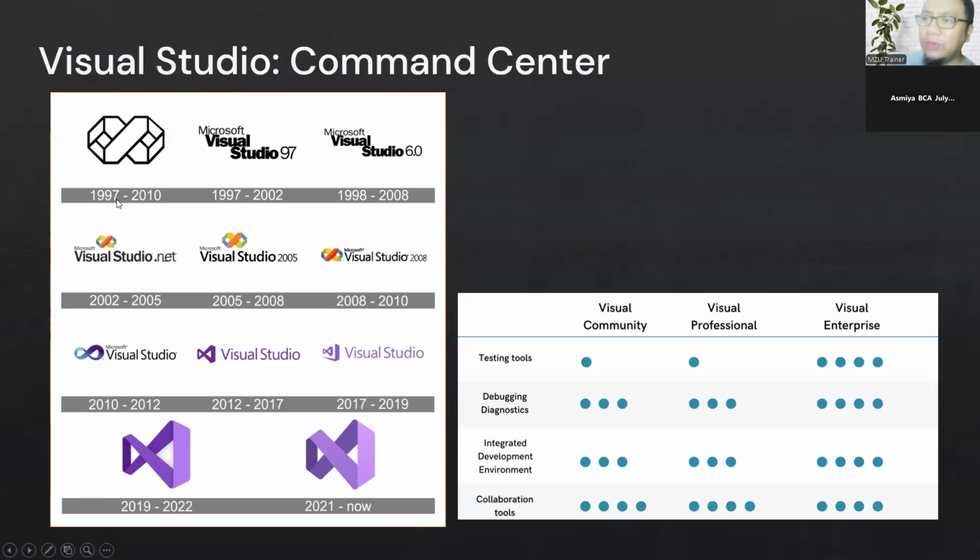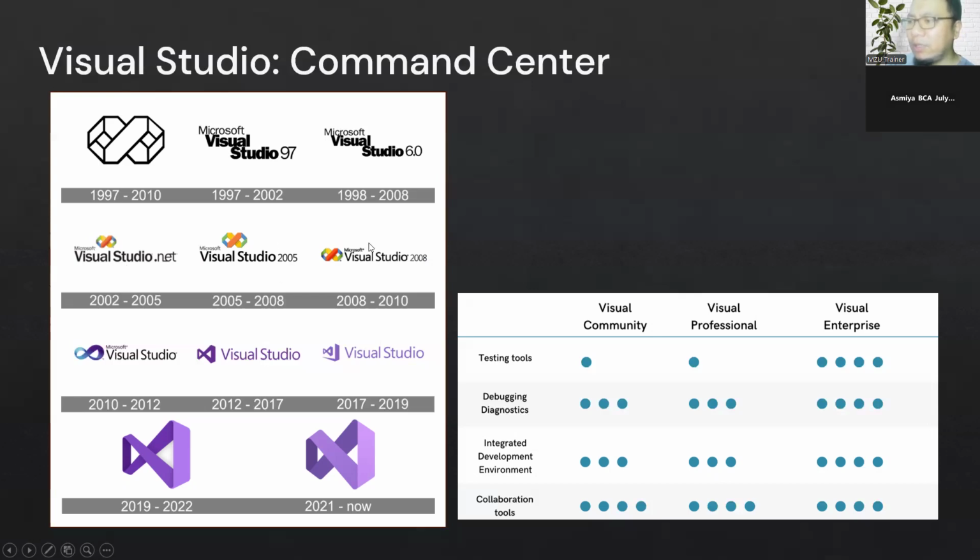Between 1997 and 2010, the Visual Studio logo was also something like this. The actual logo which came in 1997 was Microsoft Visual Studio 97, something like this. Later on, we have 6.0 and so on, and Visual Studio.NET.